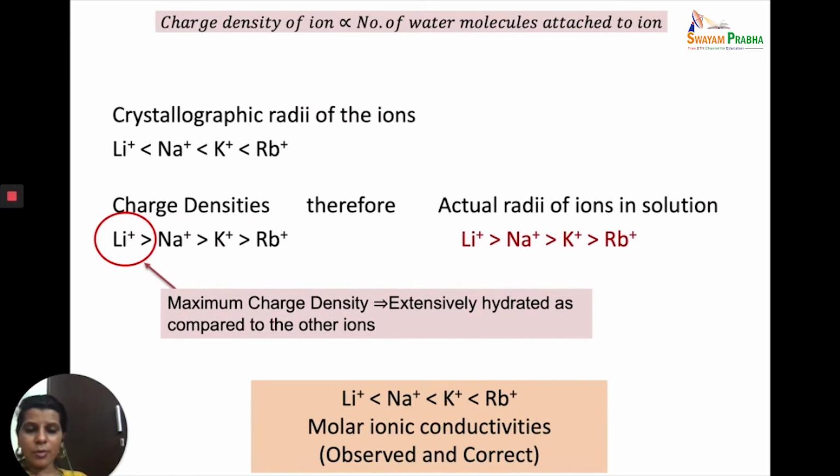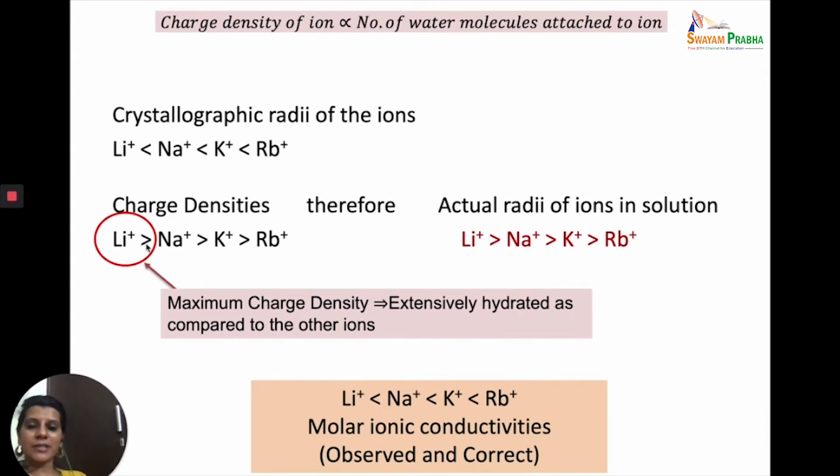Now what does this hydration depend upon? This depends upon the charge density. The more the charge density of an ion, the more the number of molecules attached to the ion. If I look at the crystallographic radius of the ions, then as we go down the group the crystallographic radius is increasing, but the charge on the ions is the same, +1 for all.